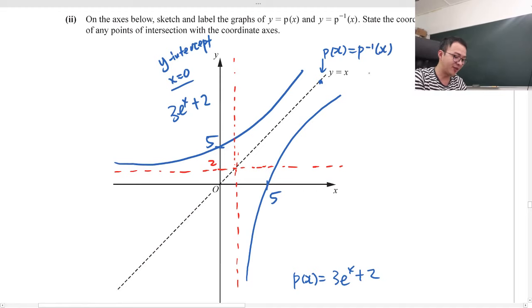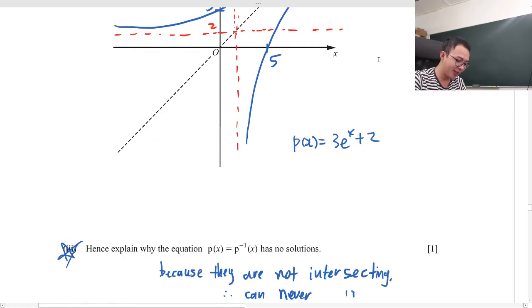So if they touch over here, the y can be the same as the x. Because p(x) is y, they touch at the line y equals x, so I can substitute x into my p(x) as well.